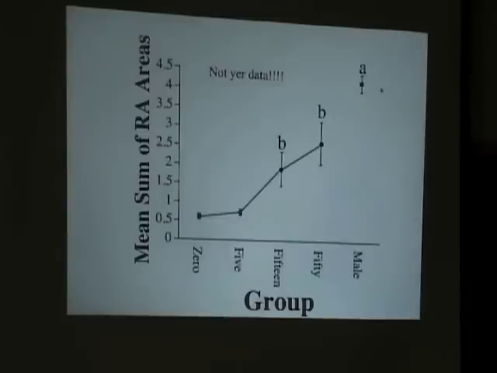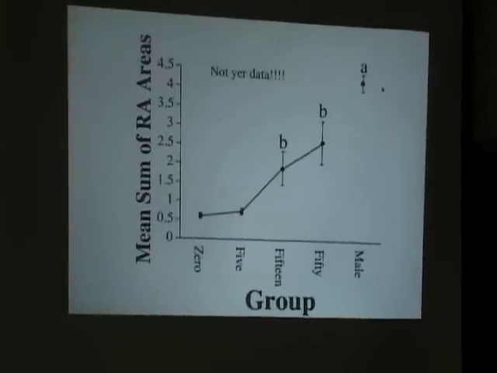Let's talk about those A's and B's, okay? What I got was the results, which I don't have presented here, but control males were different from every other group, okay? And I think that was P less than 0.01 or something like that.